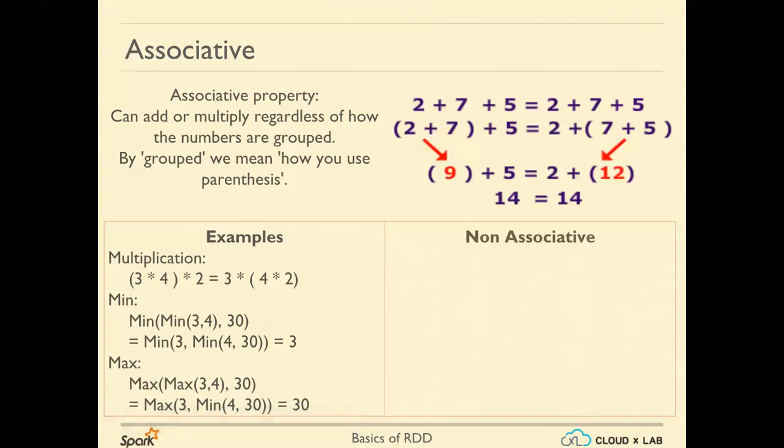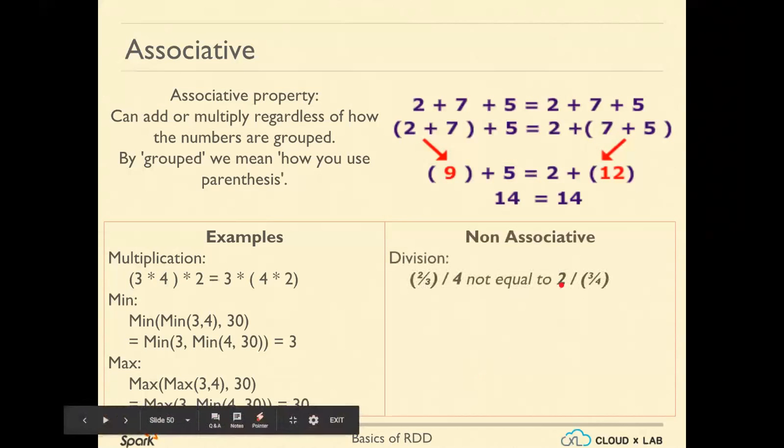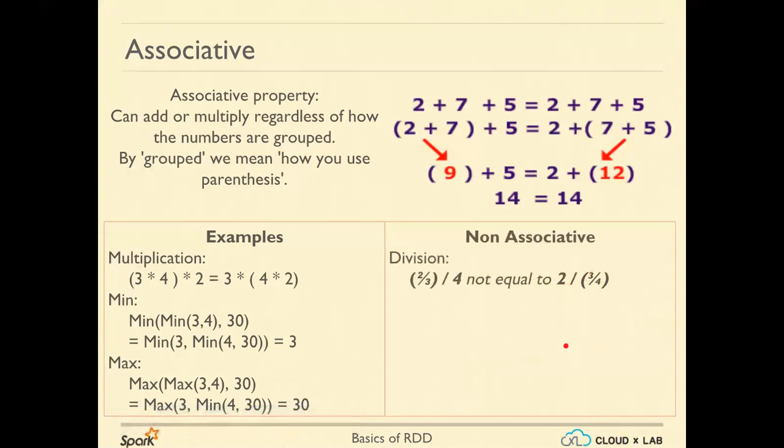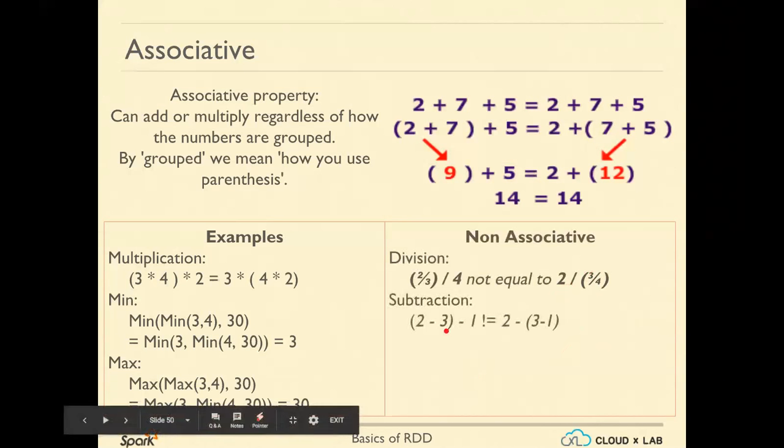Now, let's take some examples of non-associative functions. Division is non-associative because (2 by 3) by 4 is not equal to 2 by (3 by 4), right? Subtraction: (2 minus 3) minus 1 is not equal to 2 minus (3 minus 1).